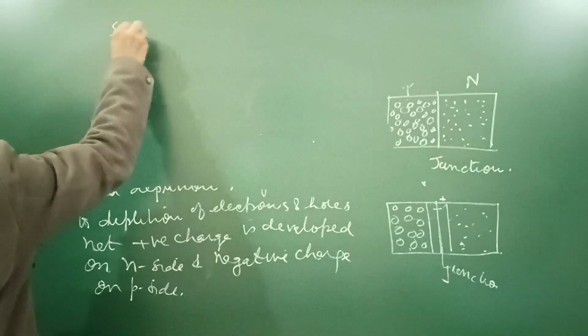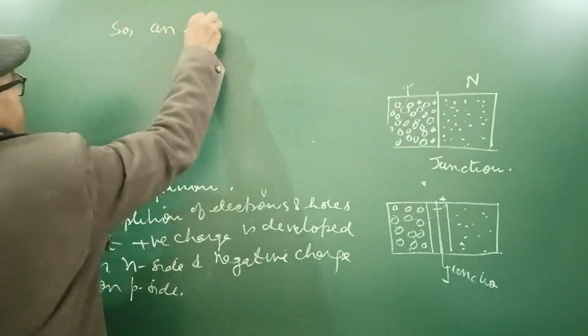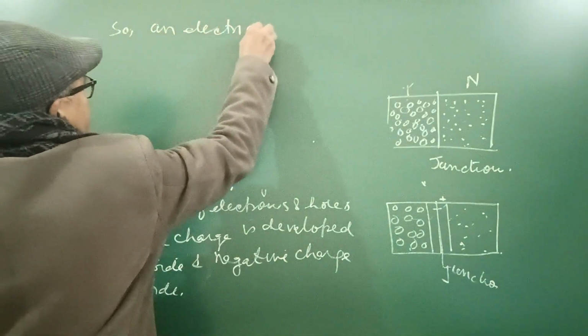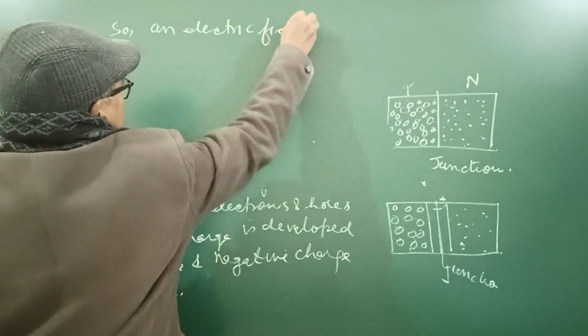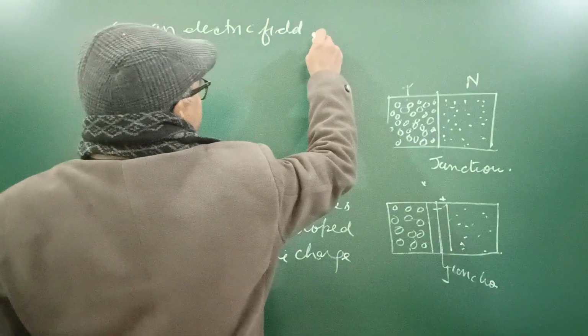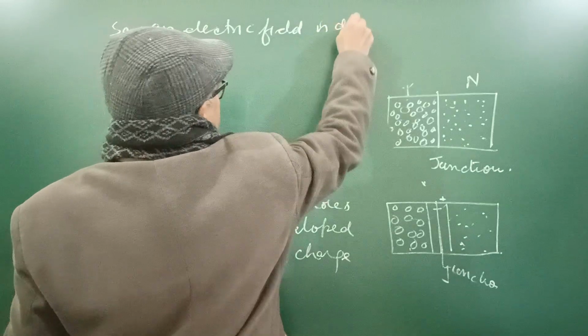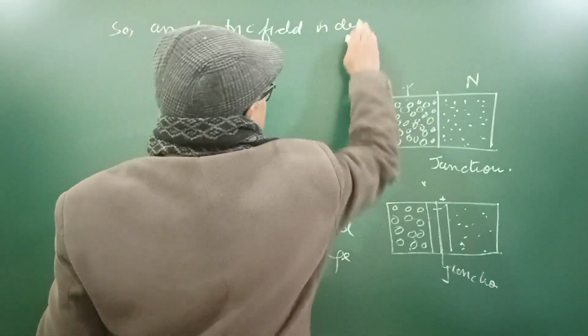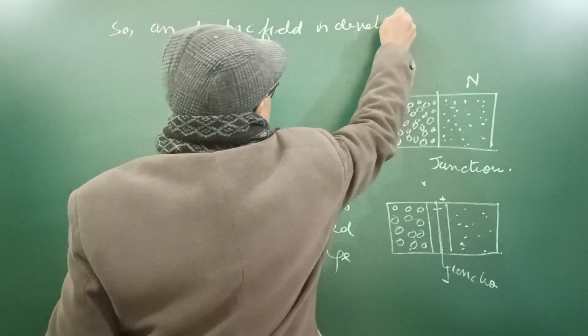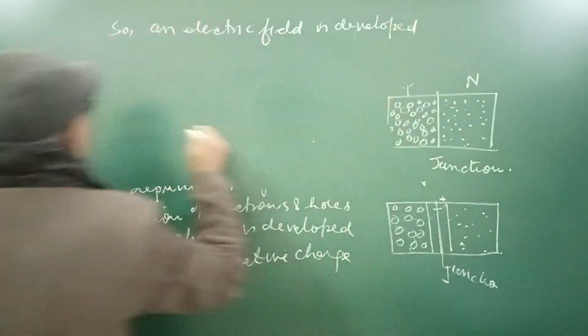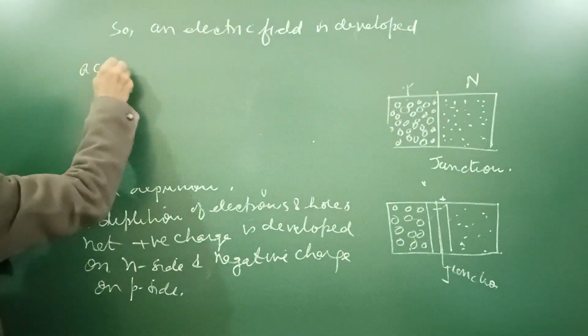So an electric field is developed across the junction.